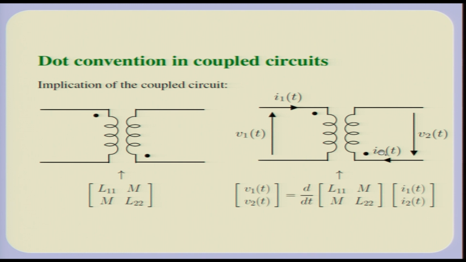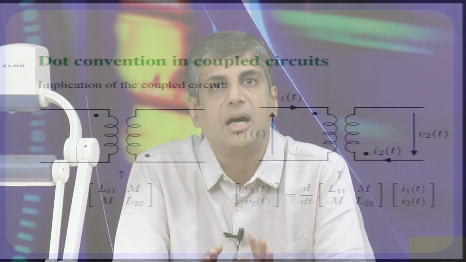If you choose the current direction to be going outward from this dot, in that case the second column of this matrix will have to have the signs reversed. So, if the direction of I2 in this figure is reversed, in that case when you are writing down the equation, you have to reverse the sign of M and L22. So, this kind of convention has to be understood.